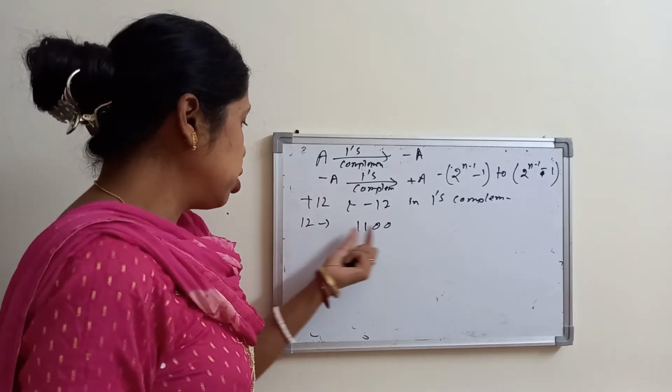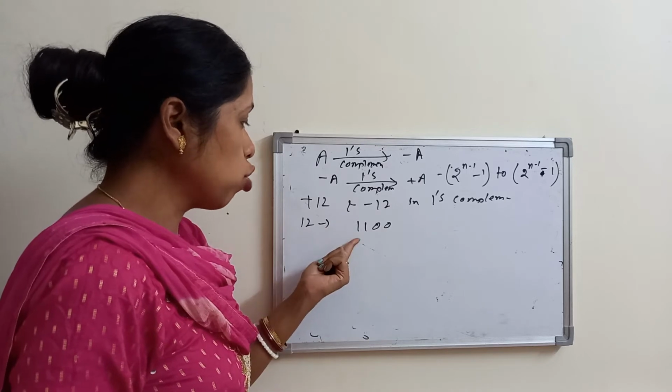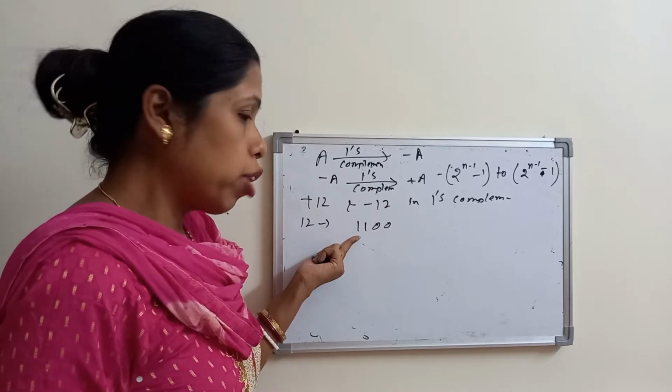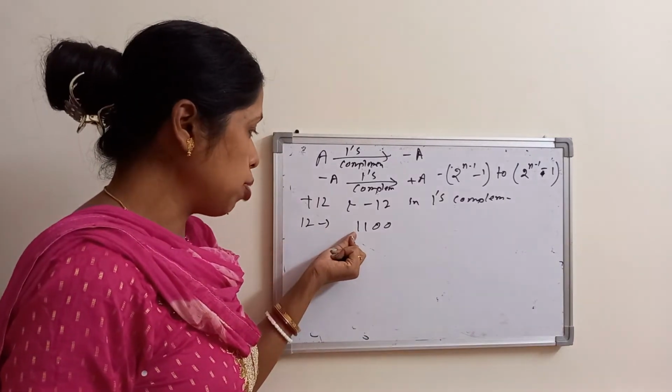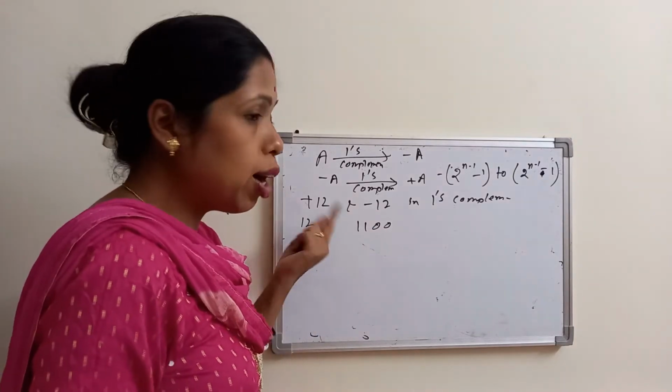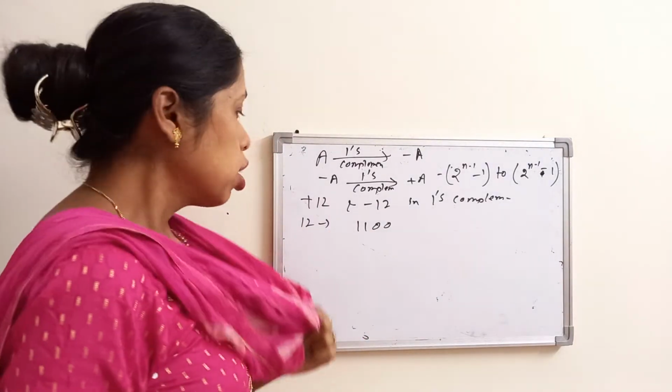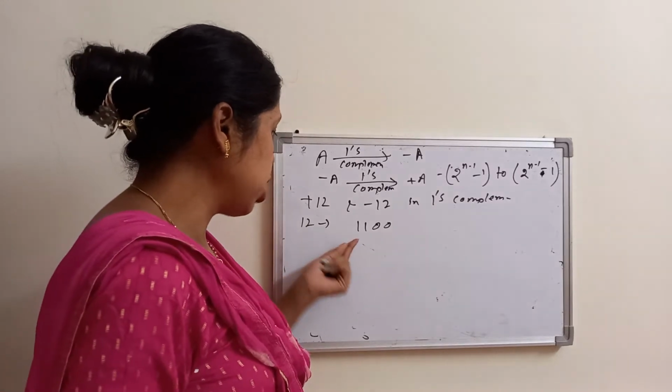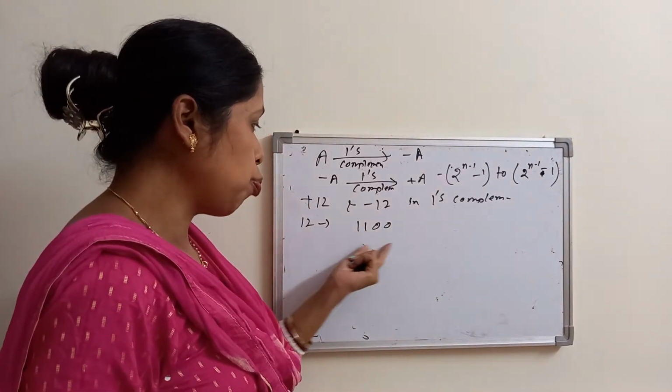So I cannot remove the MSB; I have to consider it. If I consider the MSB, this entire number should give the positive number. But here you can see the MSB is 1, so this is not a positive number.